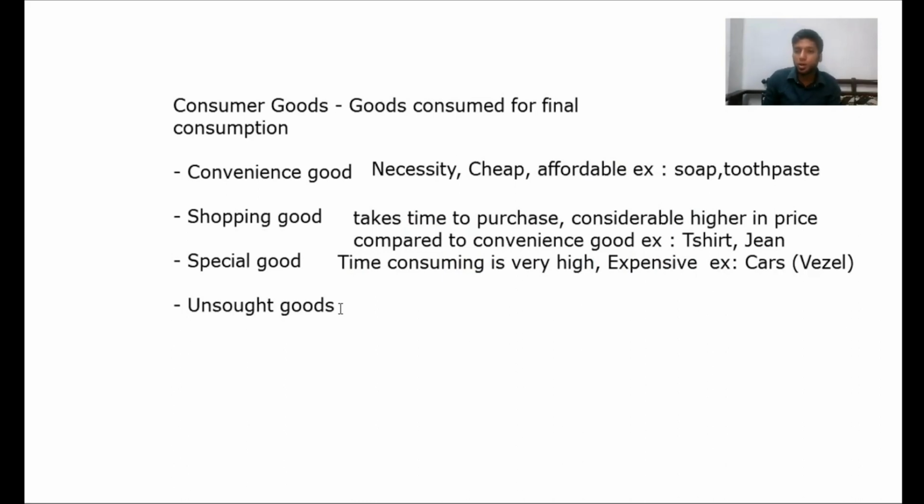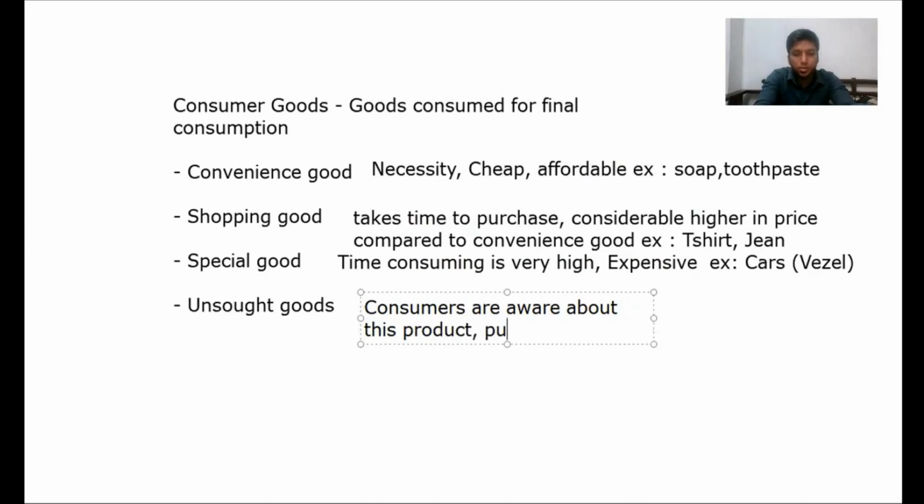So it's something which is there on the market, but people don't purchase. When they want, they will go and purchase. So it's something which people know about, but they don't purchase all the time. So consumers are aware about this product, purchase only when needed.